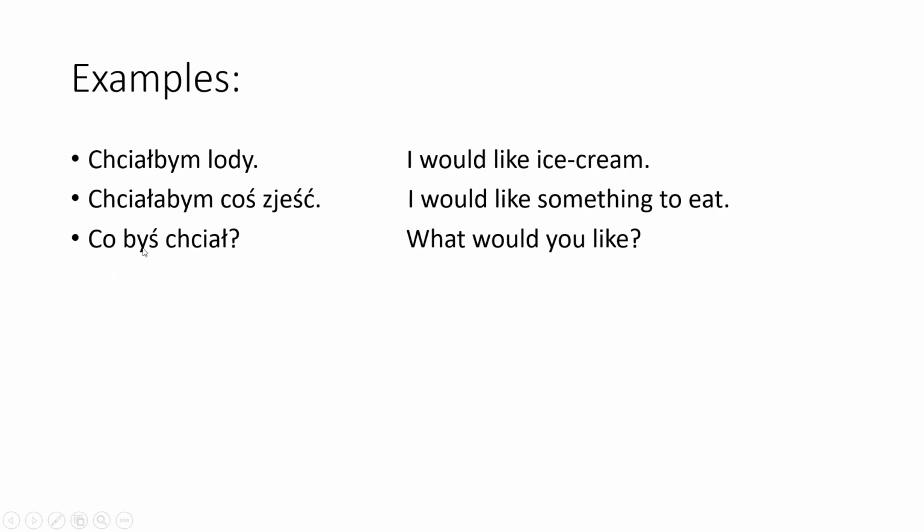So sometimes you can say co chciałbyś, like normally you just add chciałbyś. Co chciałbyś, yes. But you can see it as well like this. Co byś chciał. It means what would you like, but they just reverse it in a question, and it's kind of useful. I hope you put this in your mind in case you see it, okay?